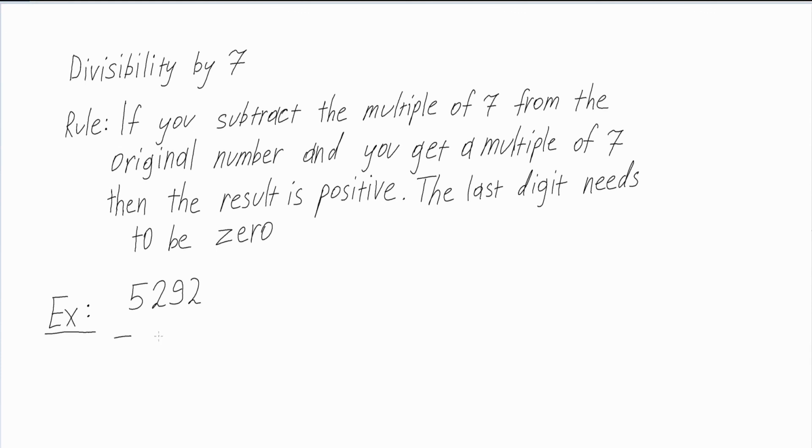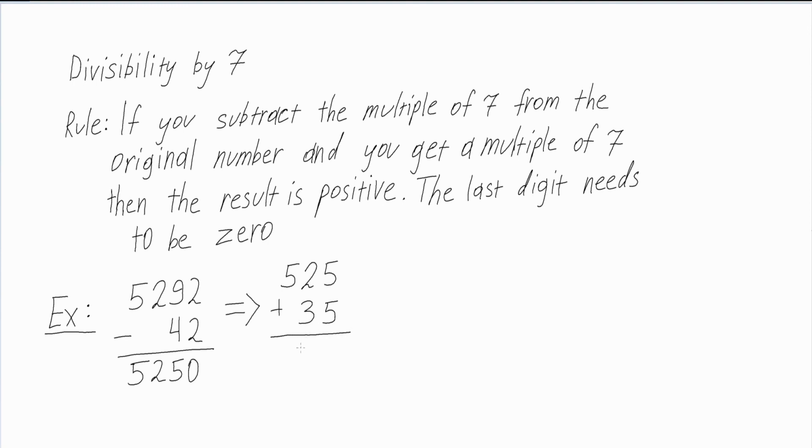So first we'll subtract 42 from 5,292 and we'll get 5,250. If you notice, the last digit is 0. Then we can take the 0 away and turn 5,250 into 525. Then we continue the process of adding and subtracting multiples of 7.